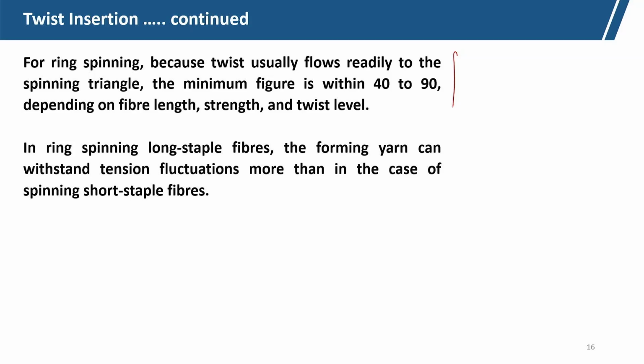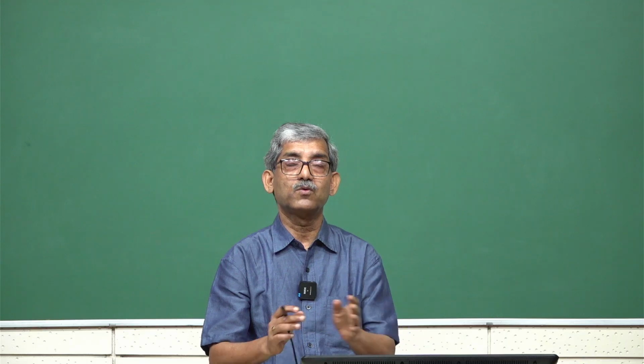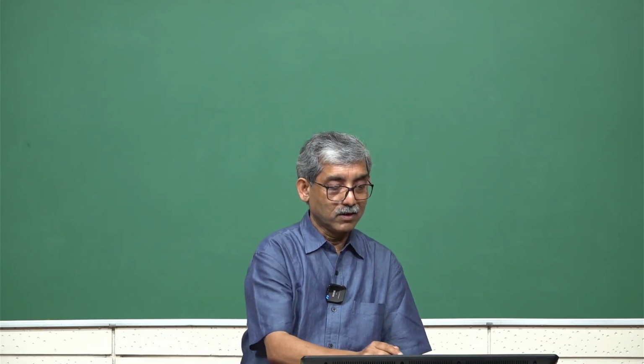In long staple fiber we can have a further lower number of fibers. Therefore, for a given fiber fineness, the longer the fiber, the smaller the minimum number of fibers required in the yarn cross section in ring spinning. But this is not true for rotor spinning, because we cannot use longer fibers.